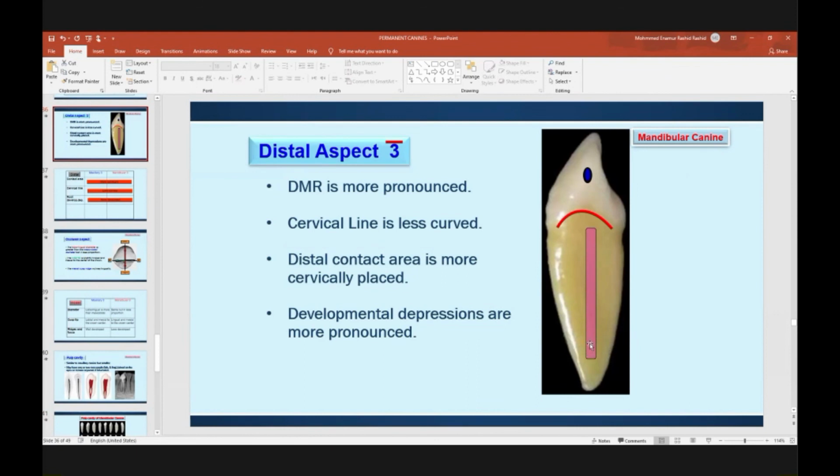It is so deep that it communicates on both sides and splits the single root into two parts, one labial, one lingual. Do you understand? This is how the canine sometimes may have two roots, positioned at the lingual part and labial part. Actually, it is not two roots. It is a single root split by the deep developmental depression.